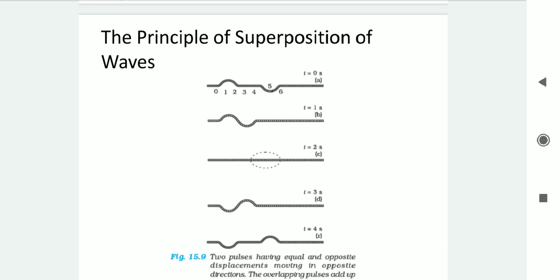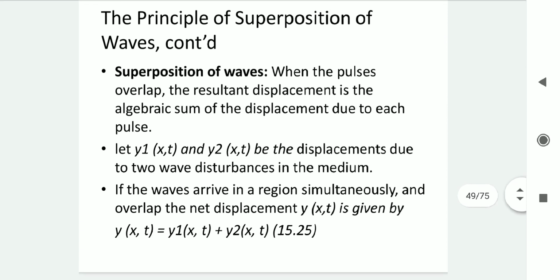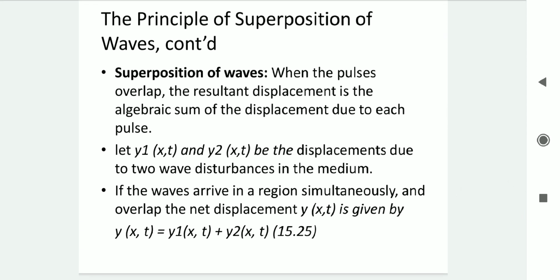So the superposition of waves defines that when the pulses overlap each other, the resultant displacement is nothing but the algebraic sum of the displacement due to each pulse. Let us take y1(x,t) and y2(x,t), the displacements of two wave disturbances in the same medium.